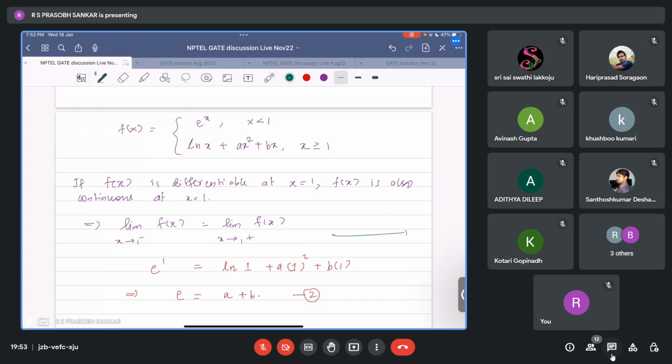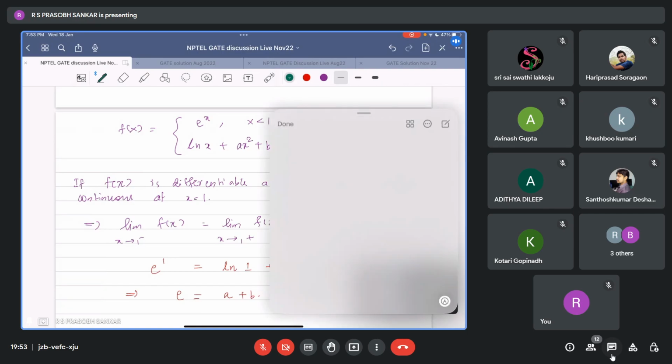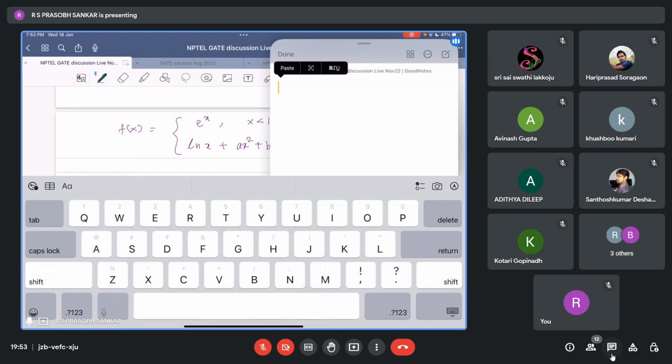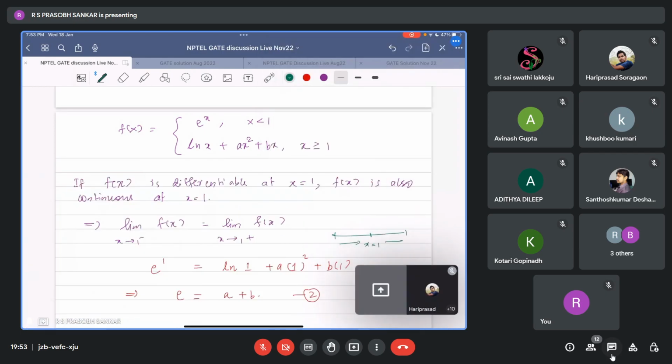So we have the real line, and this is the point x equal to 1, coming from the left side and coming from the right. So we are coming from the left side and we are coming from the right side.